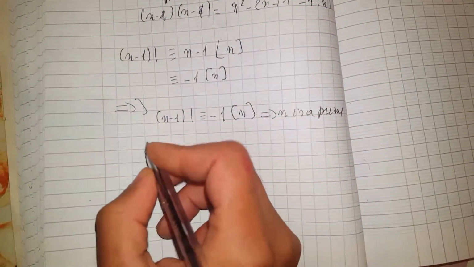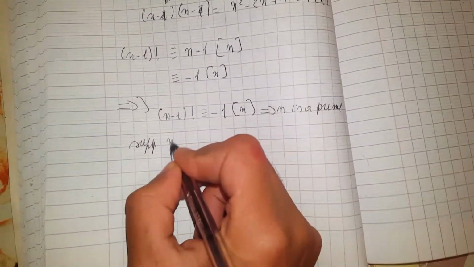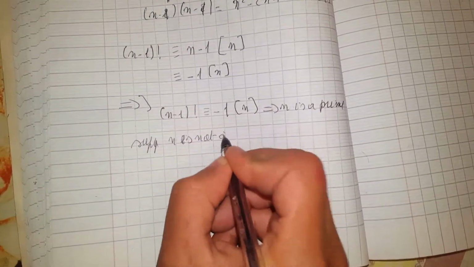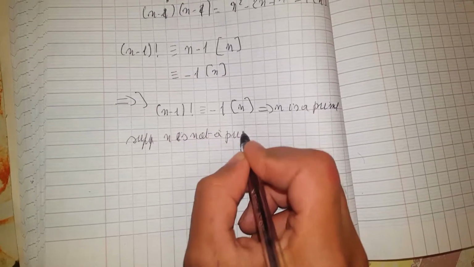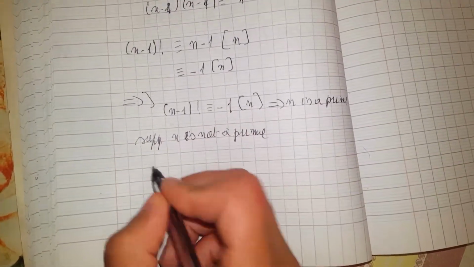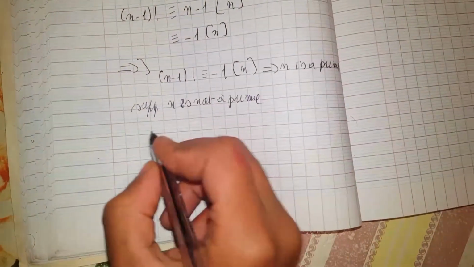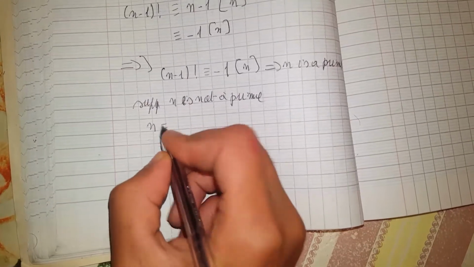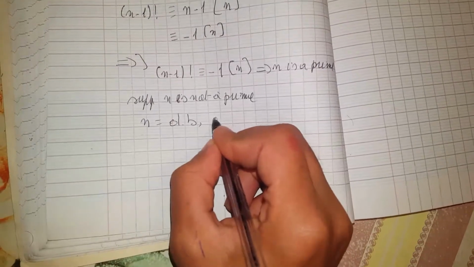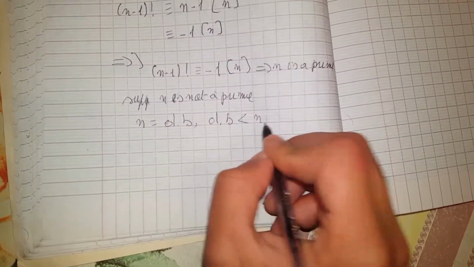I will suppose that n is not a prime. That will give us that n is equal to d multiplied by b, and d and b are less than n.